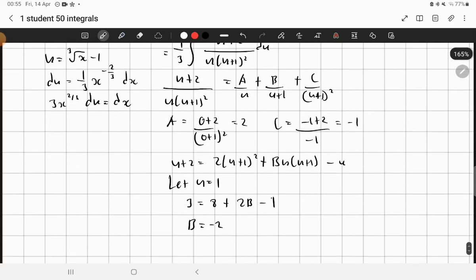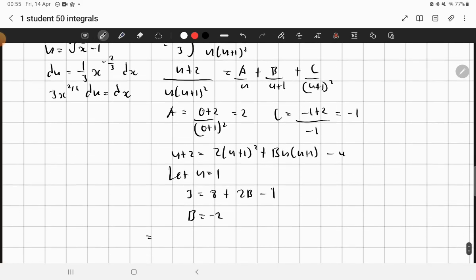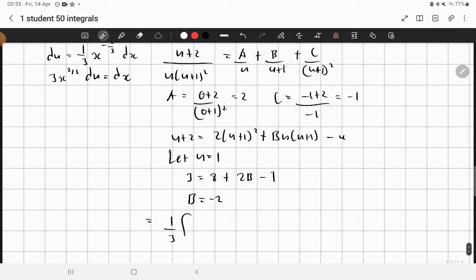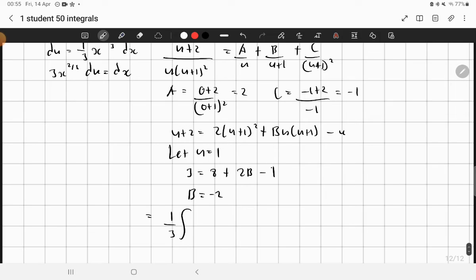You could solve this. Very nice. So we will have 1 over 3 the integral of 2 over u minus 2 over u plus 1 minus 1 over u plus 1 squared.